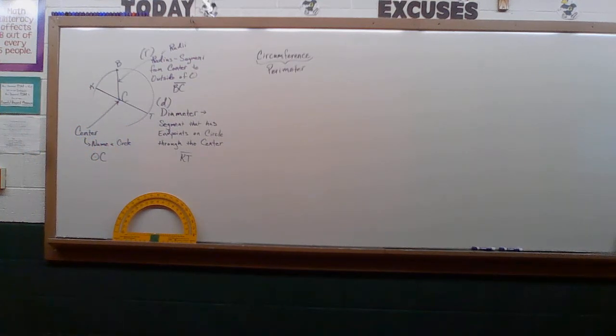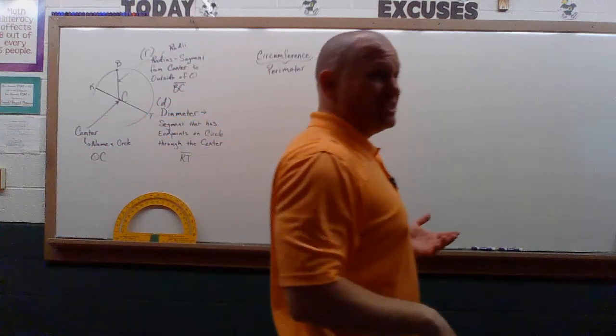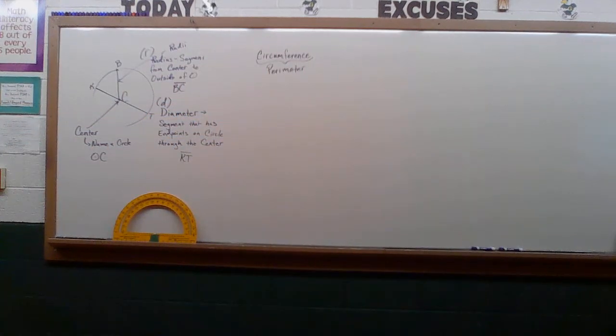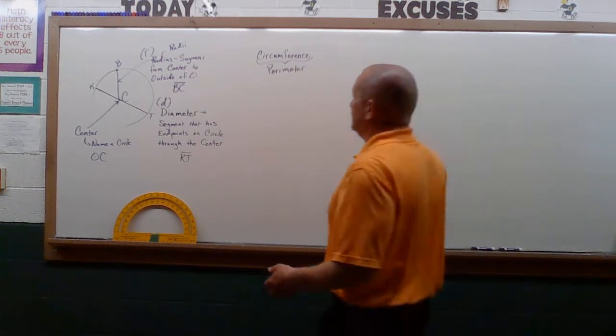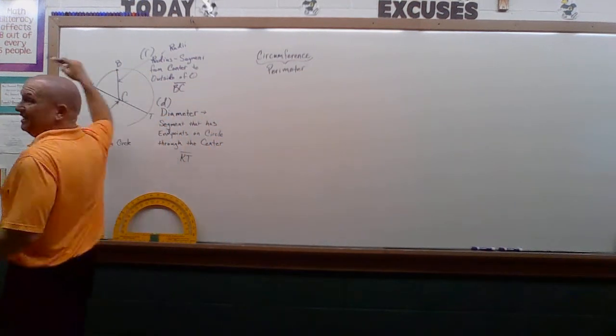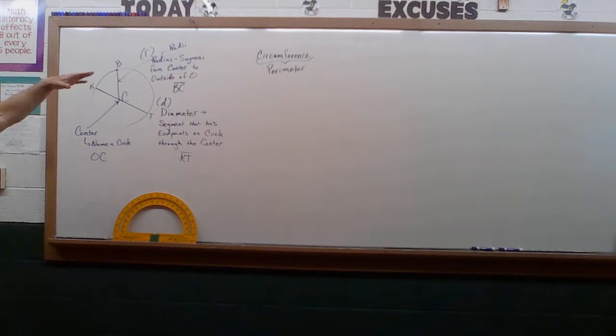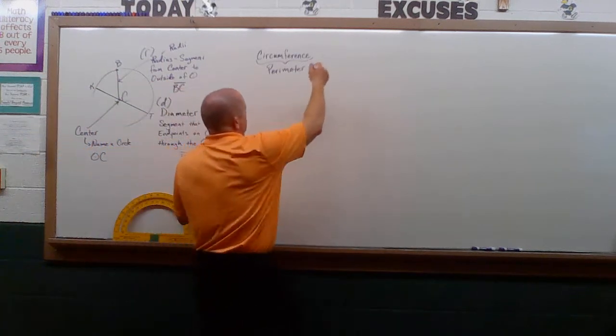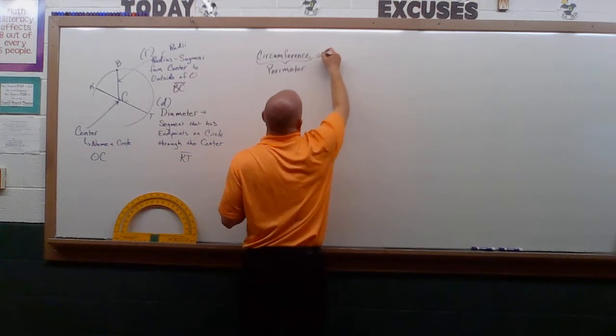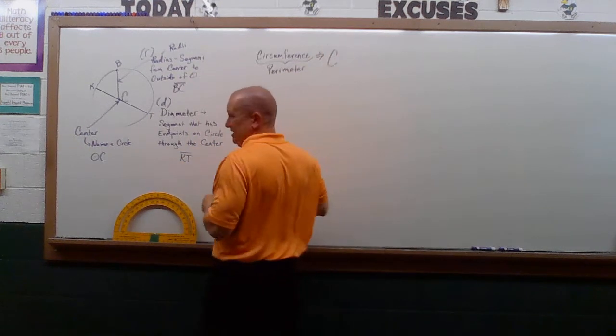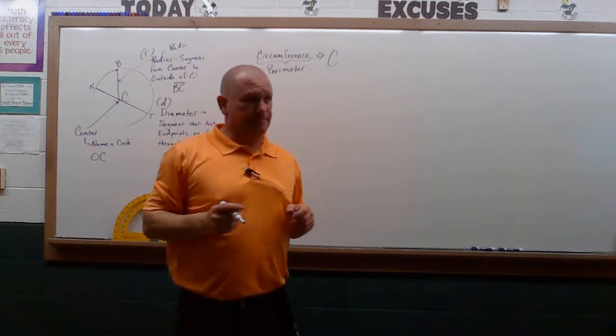The outsides, right? But in a circle, do we really have sides? No. So they needed a different word for it, and they're talking about going around the outside again, but because there's no sides, now we call it circumference instead of perimeter. Okay, so circumference is going to be shown with a capital C.